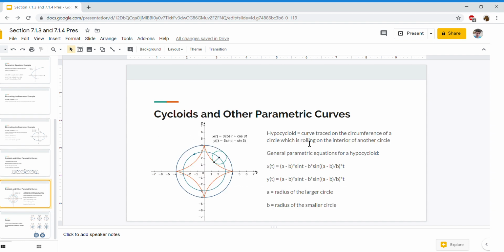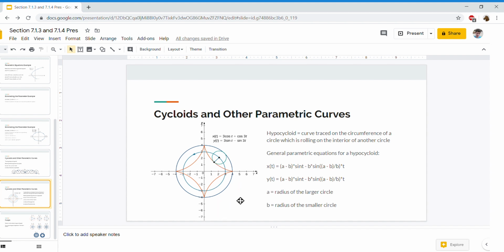And then you also have hypocycloids. The definition of that is a curve traced along the circumference of a circle which is rolling on the interior of another circle. So we have to go back to the ant bicycle analogy. Instead of the bike traveling along a straight road, the bike is riding inside of a large wheel instead.